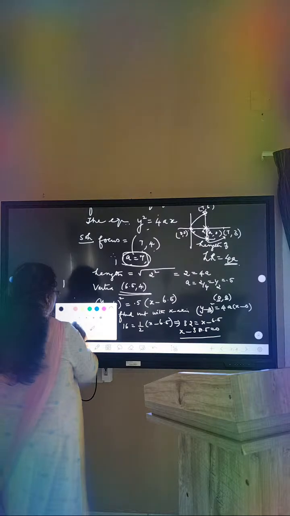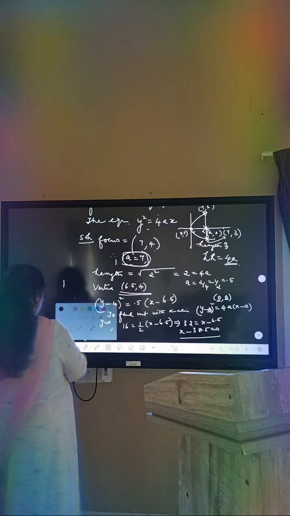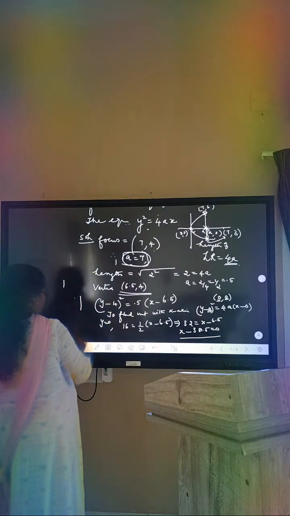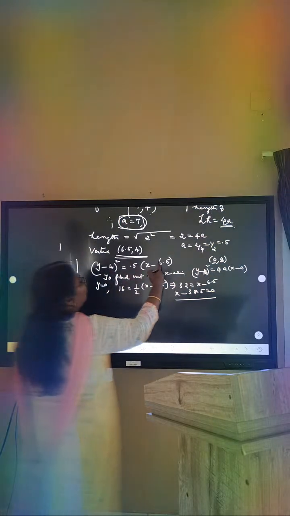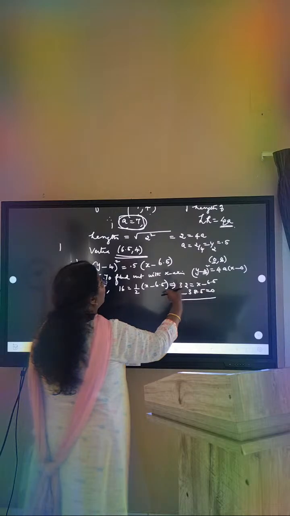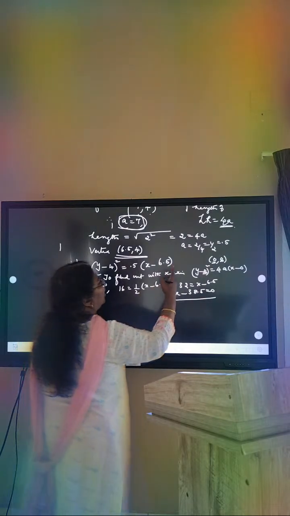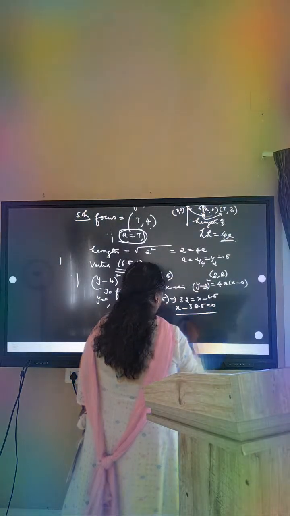The other equation is, what is the other equation? I said, suppose the vertex is at the point 7.5, 4, if it's on the other side.